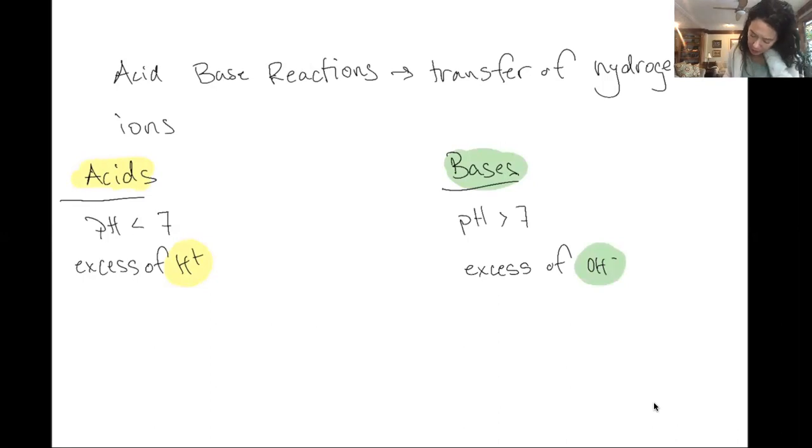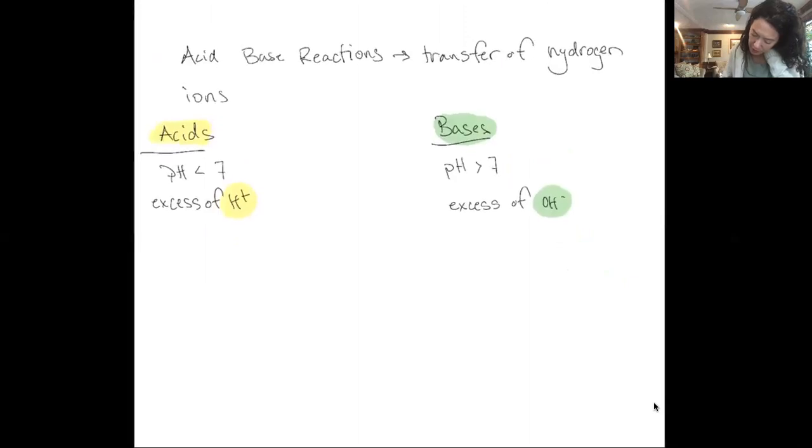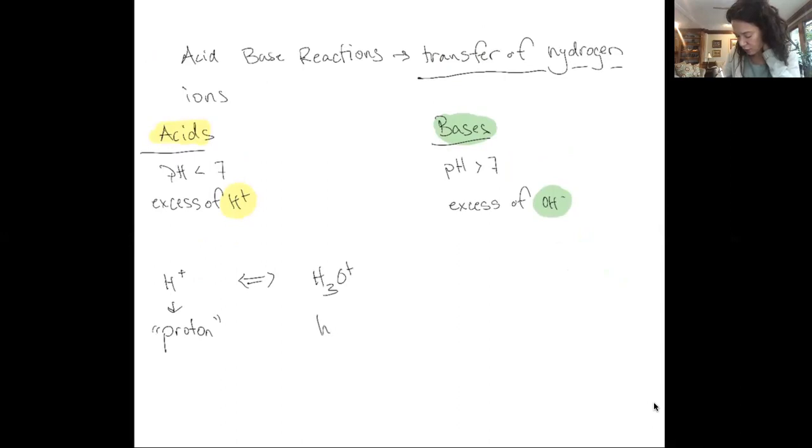If we look at acids and bases that way, and we look at reactions, we see that we have a transfer of hydrogen ions. Now, a hydrogen ion is often referred to as a proton, and it is synonymous with this ion here, which is called the hydronium ion, H3O+.